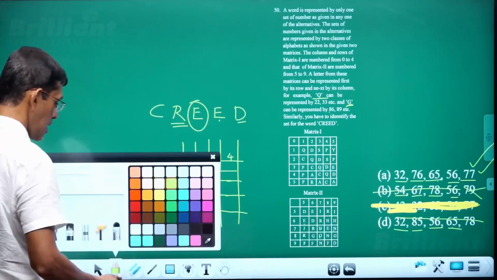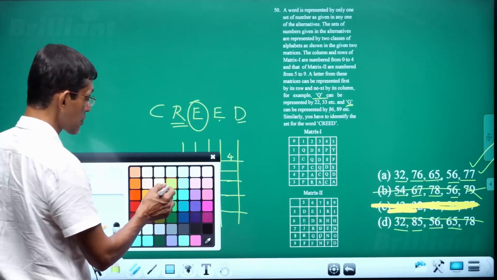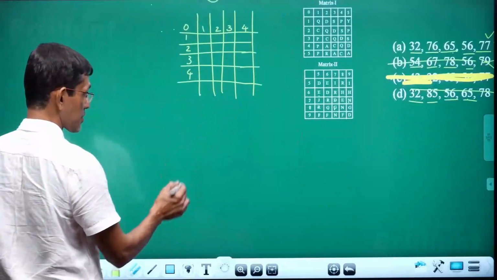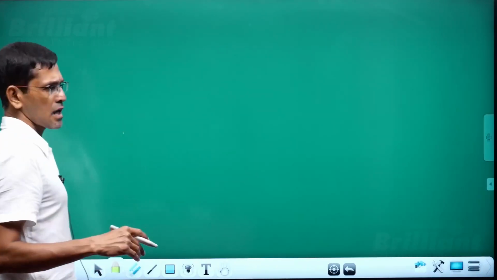Okay. At the same time, I want to take you to another question we have done earlier. That means pretty much a coding decoding question. We have some kind of patterns for that question. I would like to introduce a couple more patterns for you.